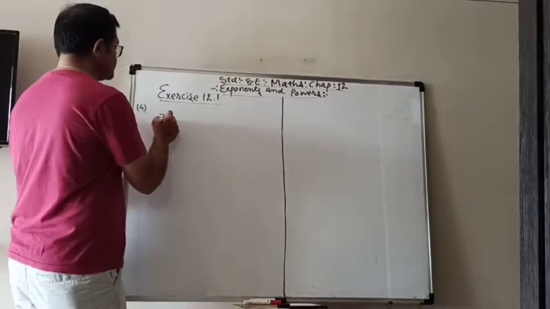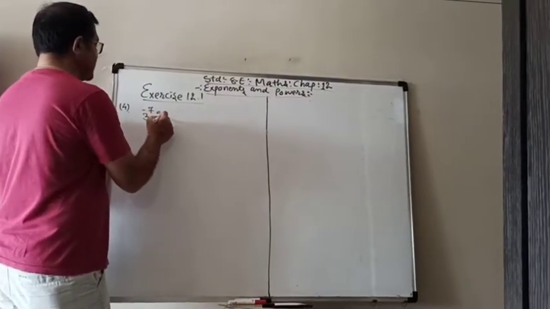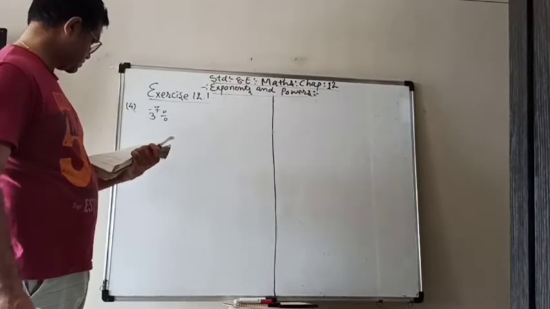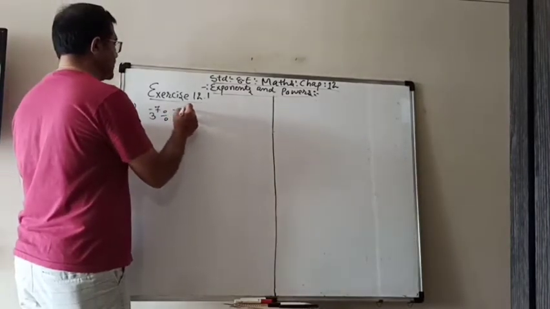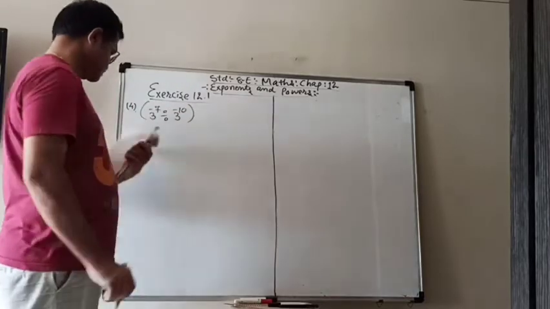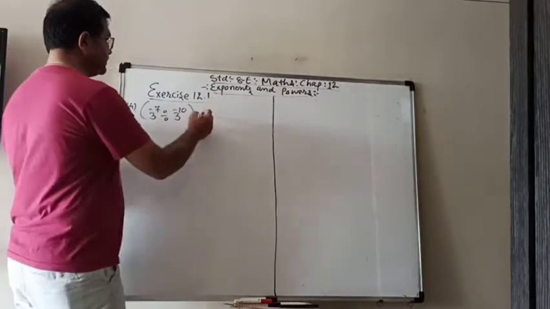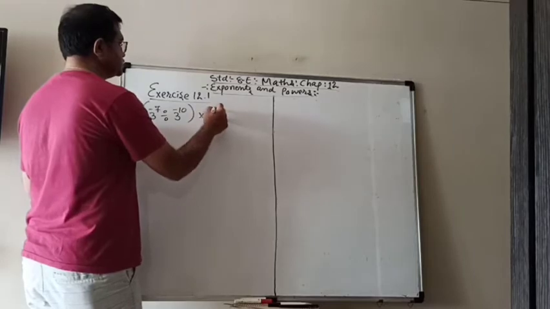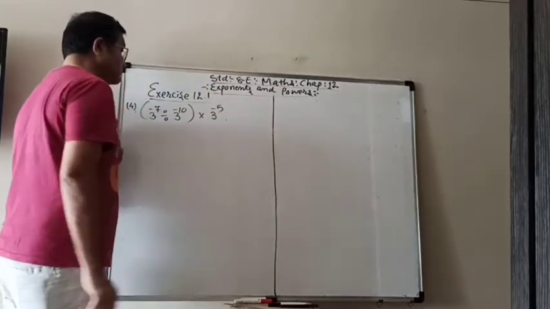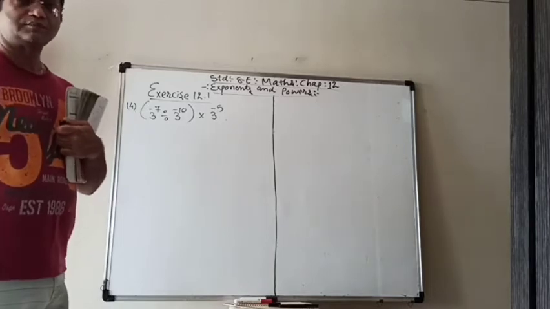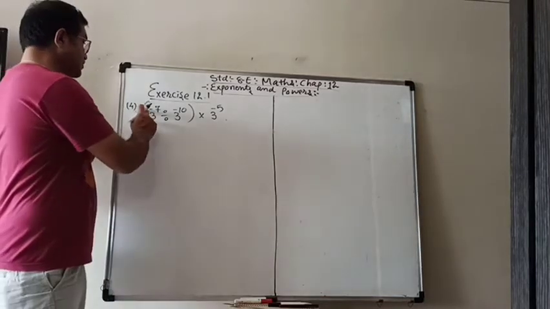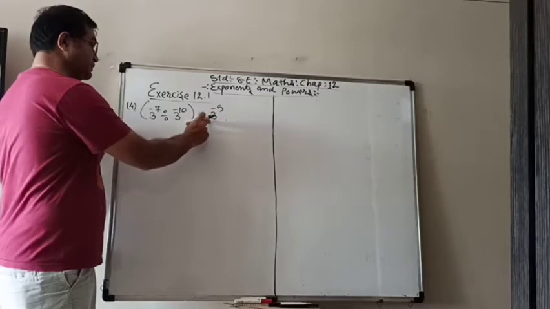Now the fourth one, 3 raised to minus 7 divide by 3 raised to minus 10 and then multiply by 3 raised to minus 5. Here you have to be very careful because of lots of negative signs, division, multiplication.